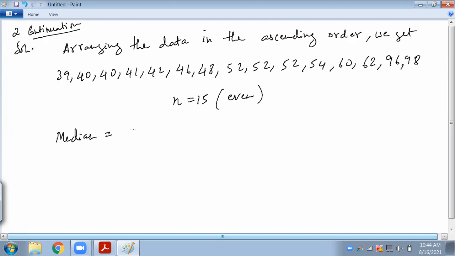If it is even, median is n. Sorry, not even, it is odd. It is odd, so median will be what?